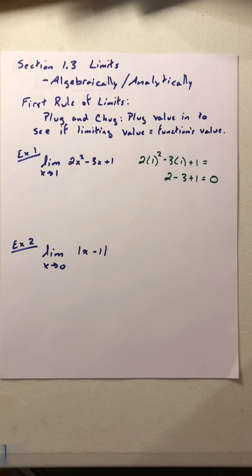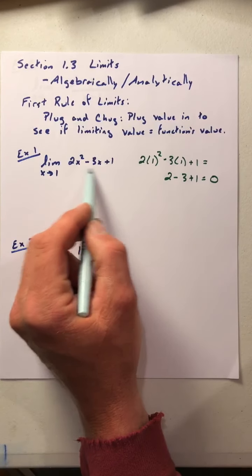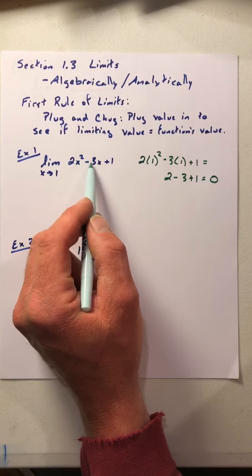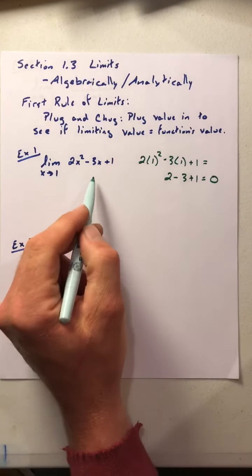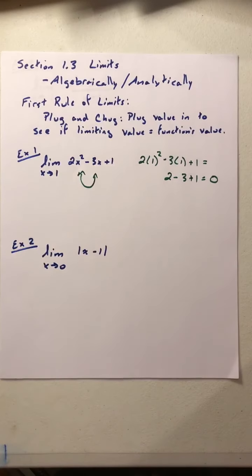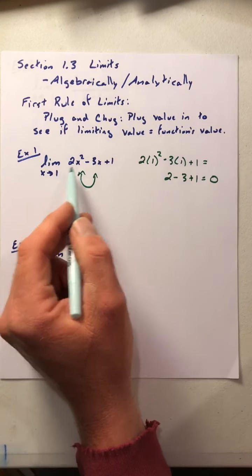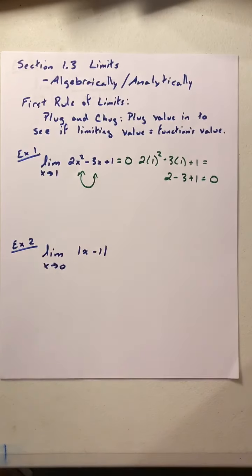So I know that this function is defined when x equals 1. More importantly, 2x squared minus 3x plus 1 is a parabolic function opening up, so it is defined everywhere on that graph. So the limit as x approaches 1 is that value of 0.